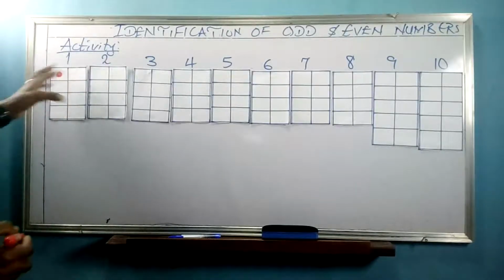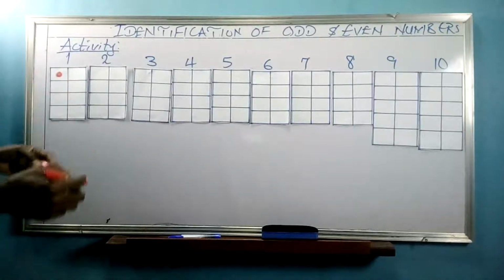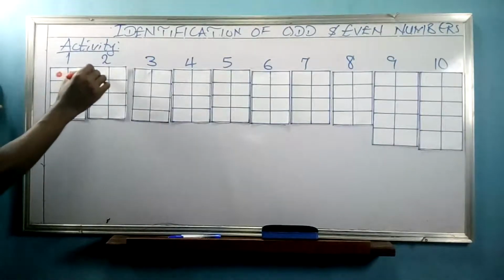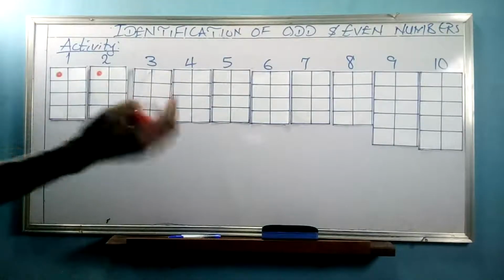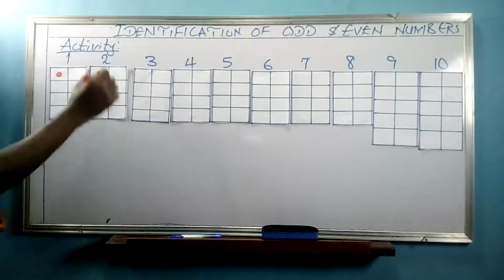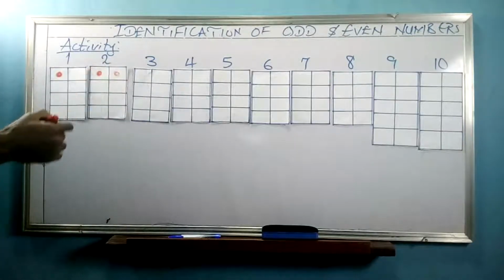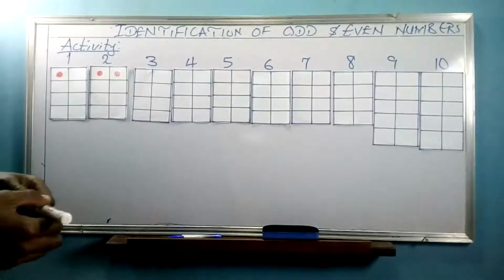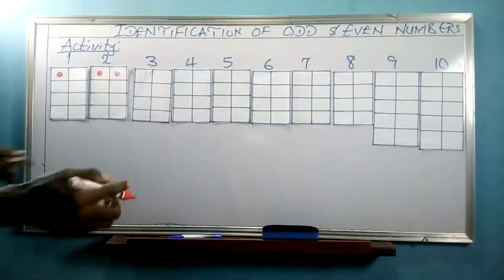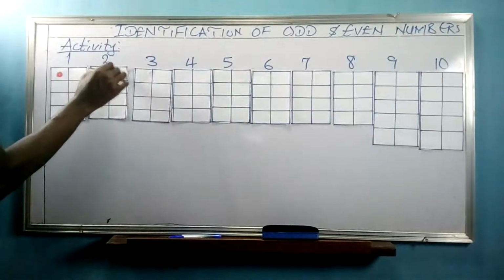Let's look at 2 now, so you can understand what I'm saying. So this is 2. Let me first put my dot in the first box. But it's 2, which means a pair, a pair of something. So I have to put the second one there, because it's 2.